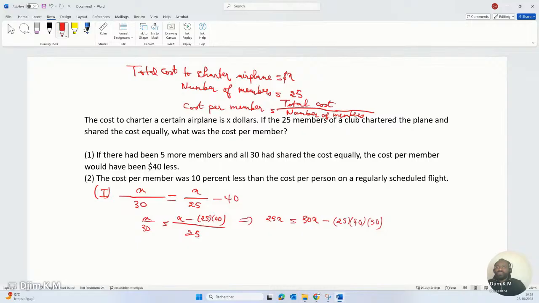So we have minus 5x here, so x is equal to 25 times 30 times 40 over 5.